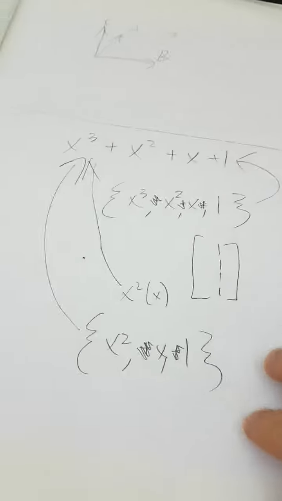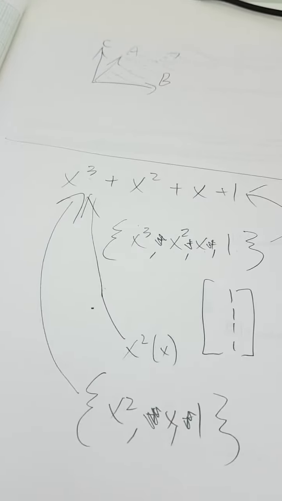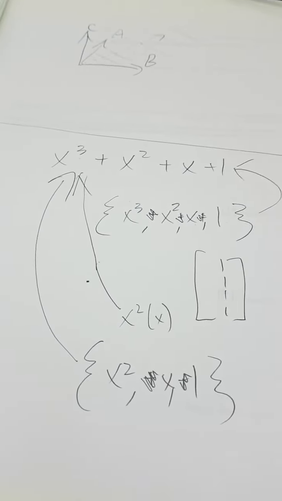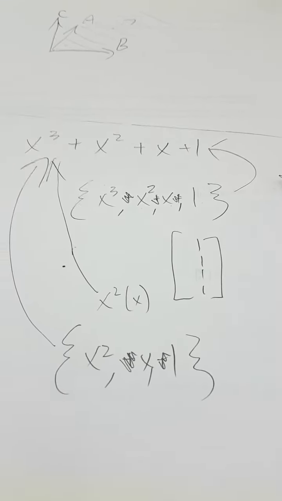So you could combine these elements to get this other element in the real world, but we've imposed this artificial restriction called linear combinations. And that's the only reason you can't.